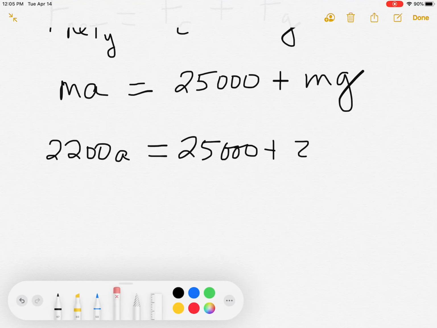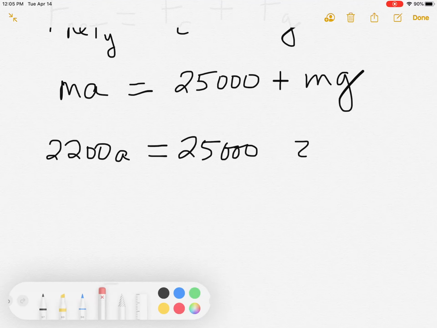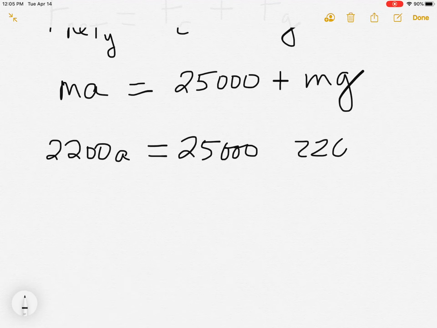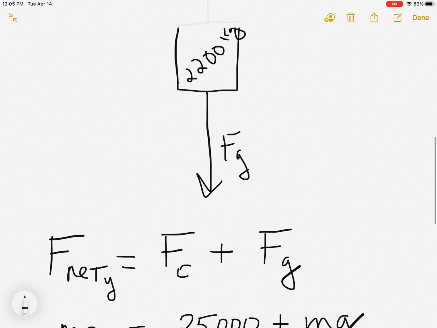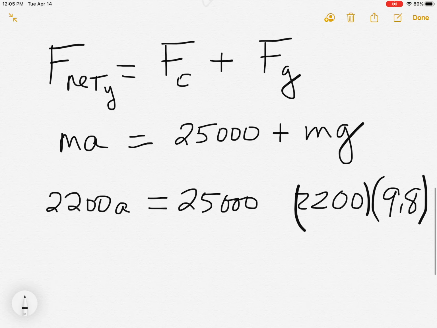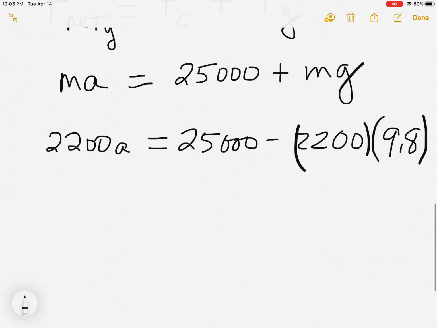Now watch this. 2,200. Oh, I'm going to go back there. I jumped the gun on that. Let's go back. Okay. 2,200 multiplied by 9.8. But when I look at my picture, it's a downward force of gravity right there. So that means I want to put a minus in there.